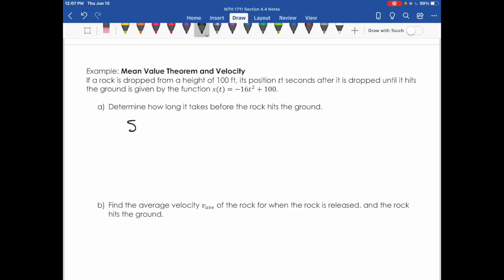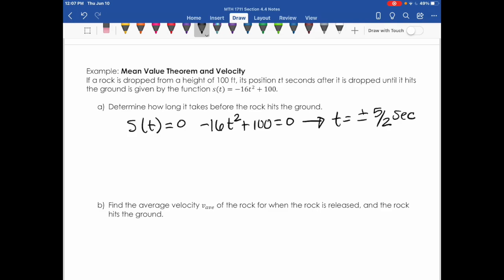So we're going to first solve the equation s of t is equal to 0, which would be negative 16t squared plus 100 is equal to 0. I'll let you do that on your own. You can just use the square root property. Subtract 100, divide by negative 16, and then square root it.